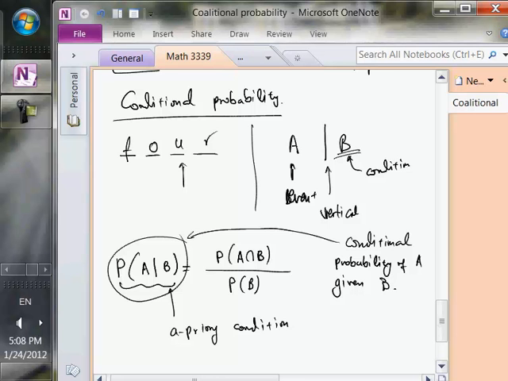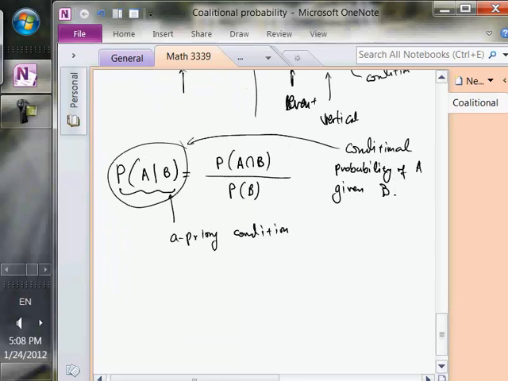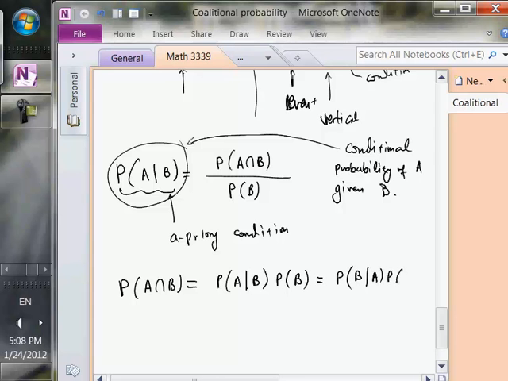Now, this rule has something very, very important. The probability of A intersection B is always equal to the conditional probability of A given the condition B times the probability of B. And of course I can reverse that and say that this is also B given A times the probability of A. So conditional probability is a good tool to find the probability of the simultaneous occurrence of two events.